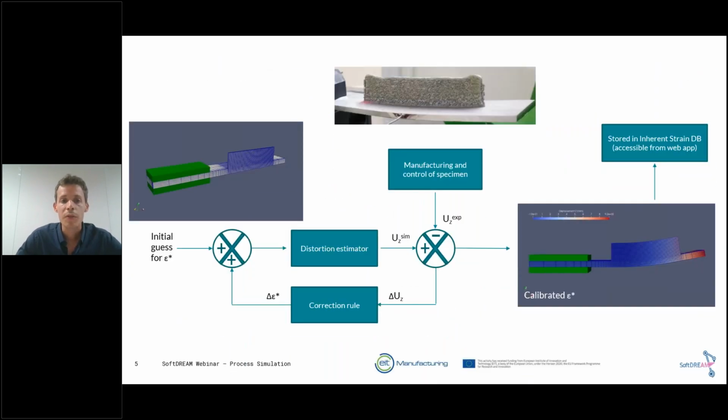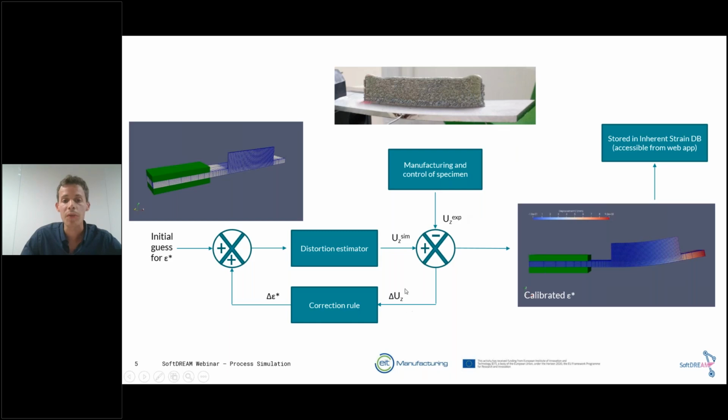So just an illustration of this. An initial distortion model is first set up, and distortion is estimated. So a vertical displacement of the substrate is estimated and is compared to the one that has been obtained on the manufactured coupon.